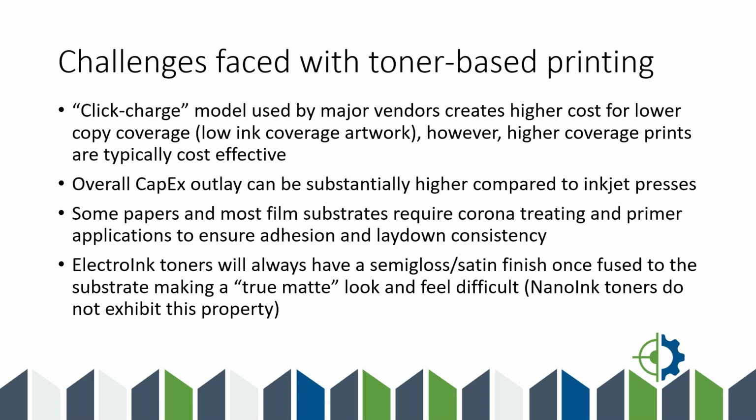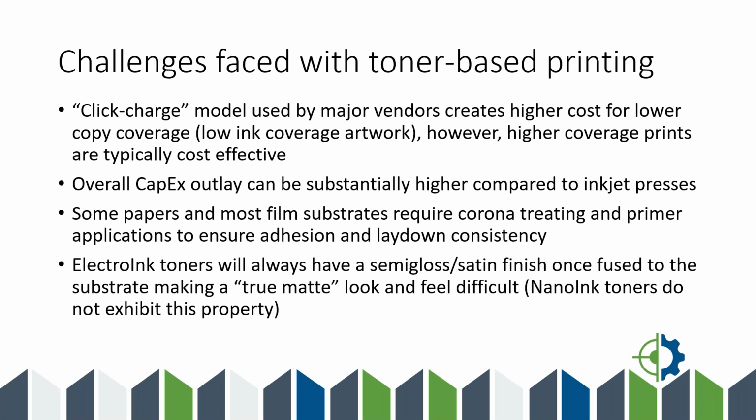The Corona treating and primer applications will be a process you'll have to do ahead of printing. So it's not just pull media from inventory and drop it on the press. So those types of things have to be looked at.